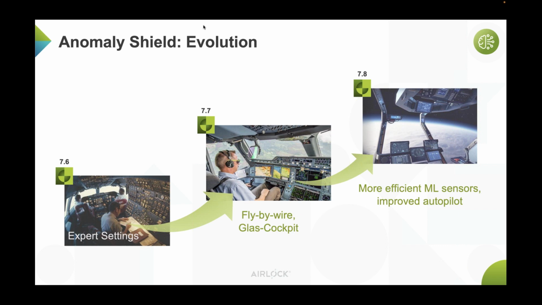With the 7.8 version that we're talking about today, we put the focus on the machine learning sensors, the algorithms that we're using and the way we're using the data from the request to calculate whether something is anomalous or not. We had 2 people full-time just working on that. And I can proudly say that the improvements they have made on the detection on the sensors are absolutely incredible.